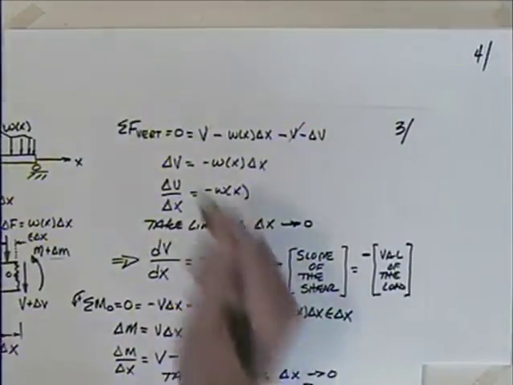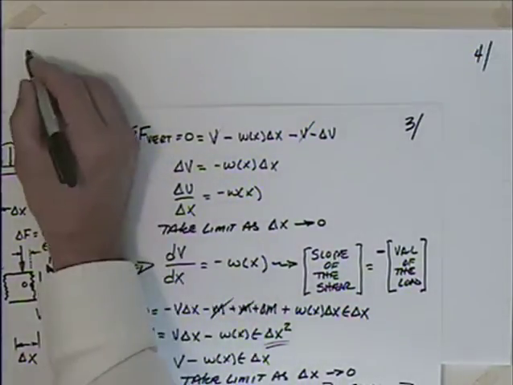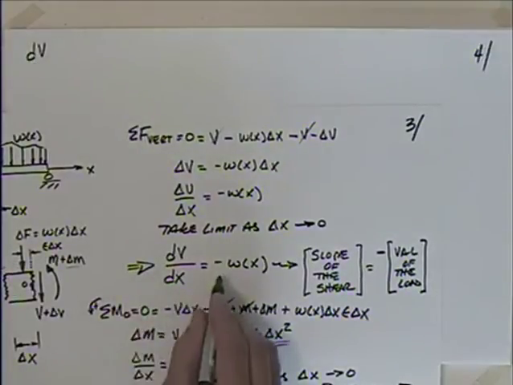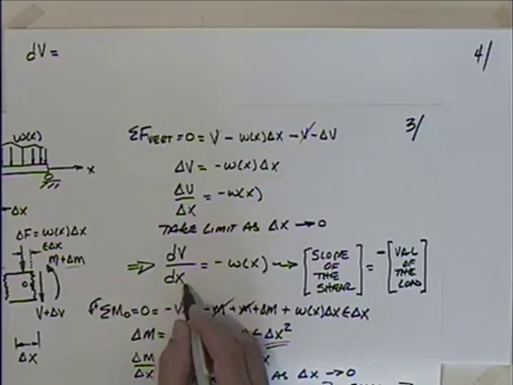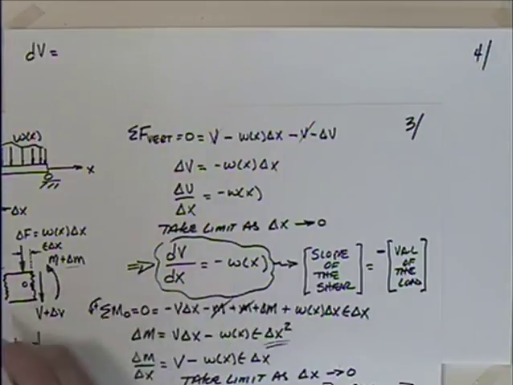So with this at hand, I'll copy this down. I've got dV is equal to, taking this, just multiplying both sides on this one. So I'm taking this thing right here, multiplying both sides by dx.